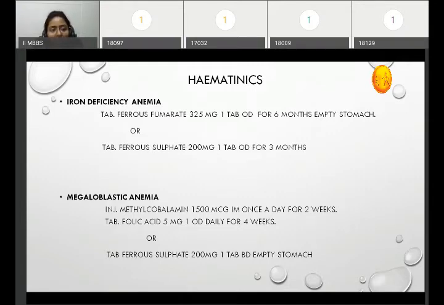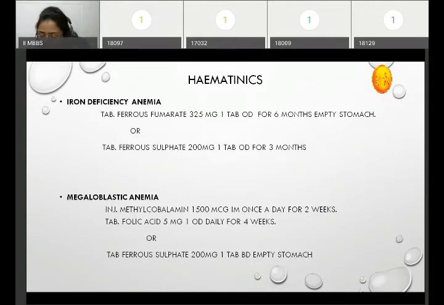Anemia can be iron deficiency anemia. This can occur because of improper absorption of iron, or due to increased blood loss, or various other reasons. Whatever the reason, you have to supplement iron, the mineral, for iron deficiency anemia.